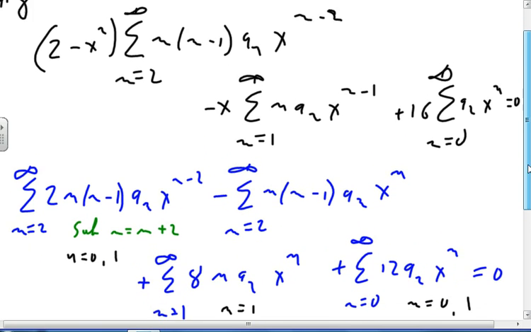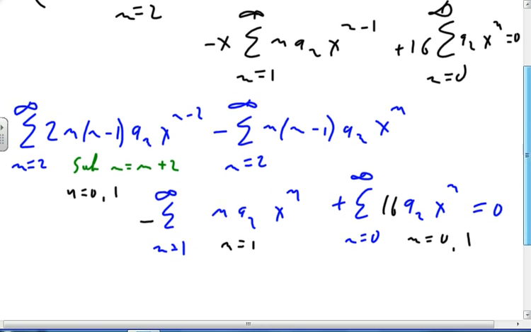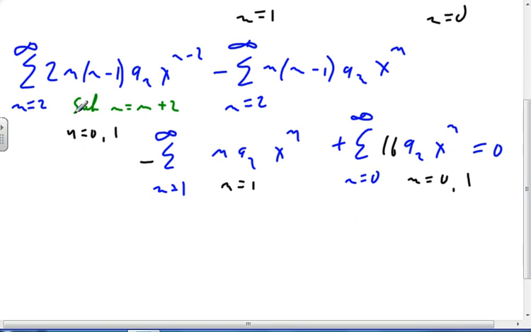All right, so this is going to be a minus x sitting right there, and this is going to be a 16 sitting right here. Okay. Now, what we're going to do, we're going to do this substitution, and we're going to take out the n equal to 0 and the n equal to 1 term at the same time. That ain't going to work.